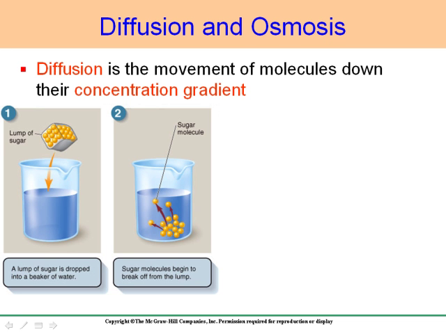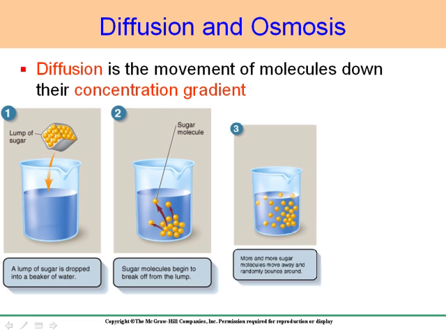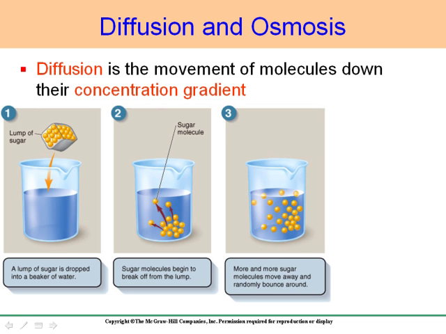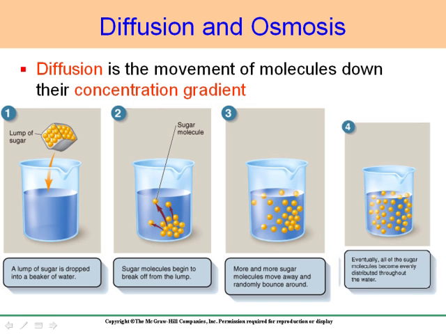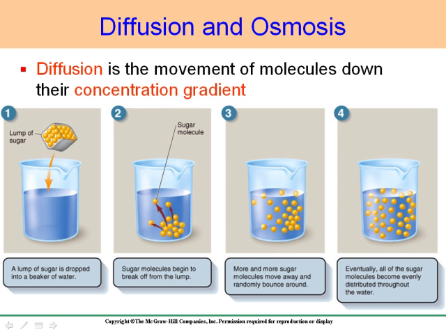These sugar molecules are moving from an area of higher concentration in the lump to an area of lower concentration away from the lump. More and more sugar molecules will move away and randomly bounce around until eventually all of the sugar molecules will become evenly distributed throughout the water until we reach a point that is referred to as equilibrium.